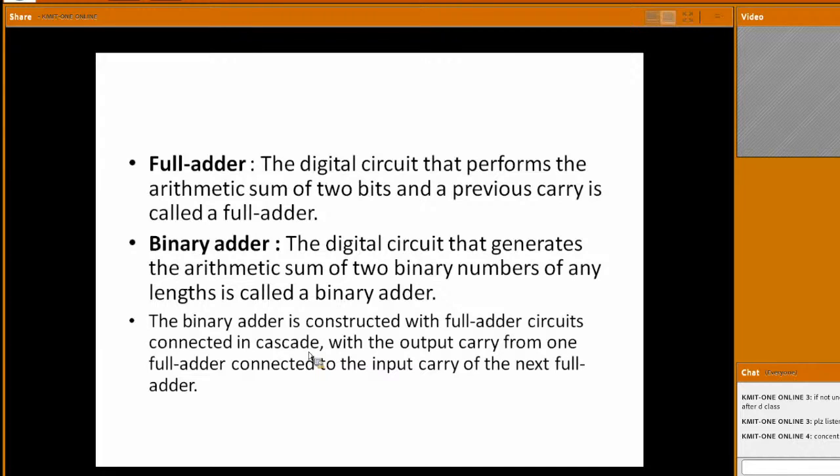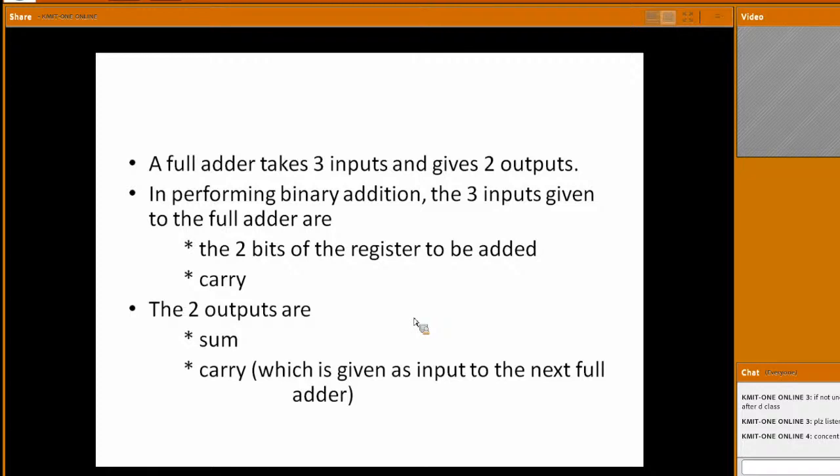Output of the second full adder is given as input to the third full adder, and so on. Generally a full adder will take 3 inputs and give 2 outputs.